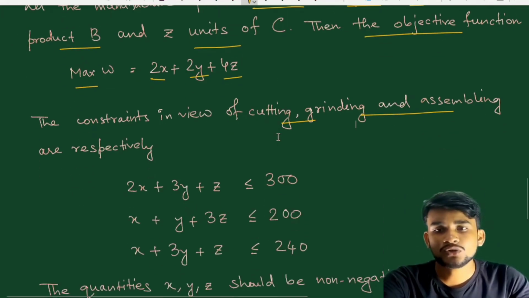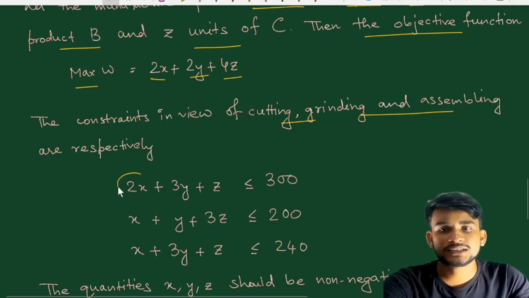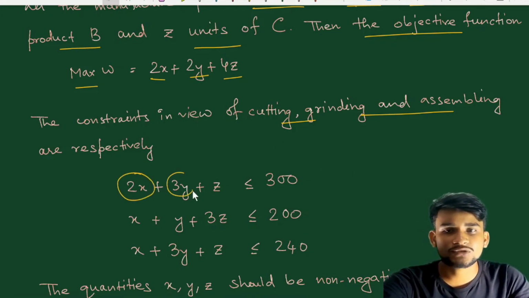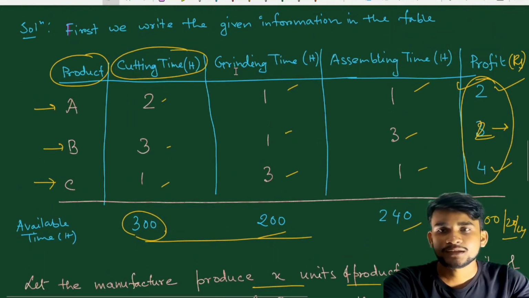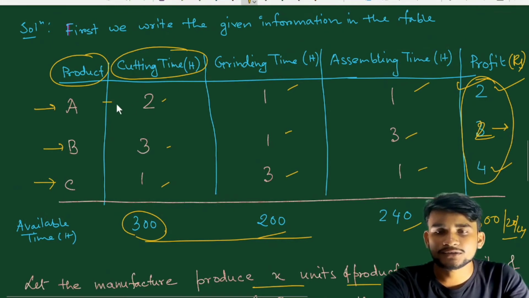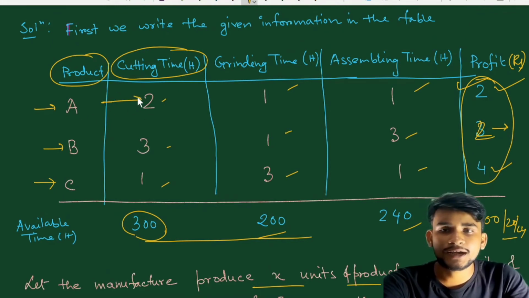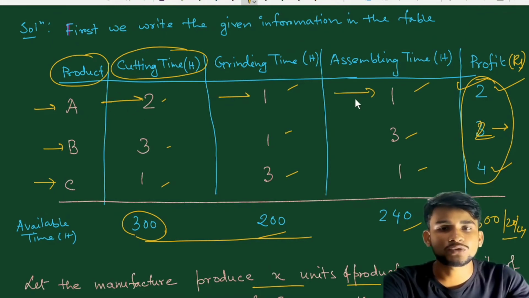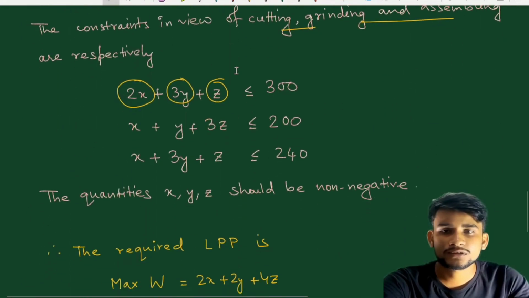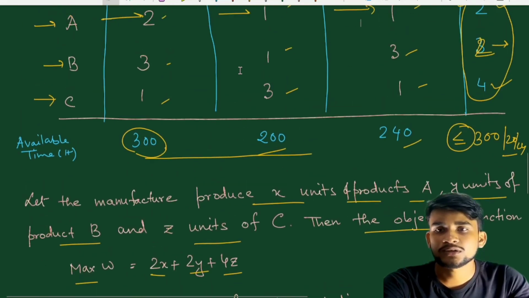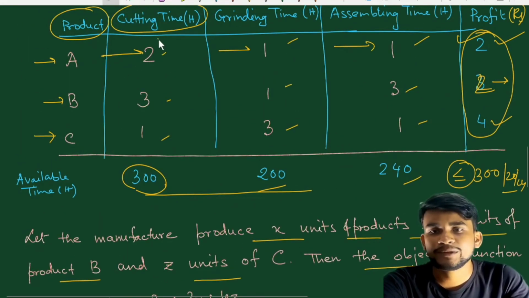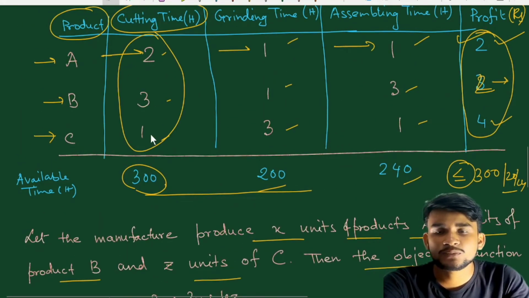For cutting, grinding and assembling, this is the total cutting time for A, this is the total cutting time for B, and this is for C. The cutting times for products A, B and C are 2, 3 and 1, and the total cutting time is 300 hours.